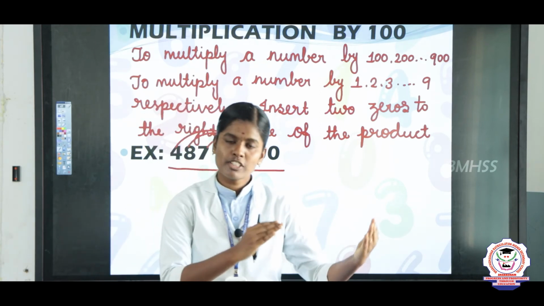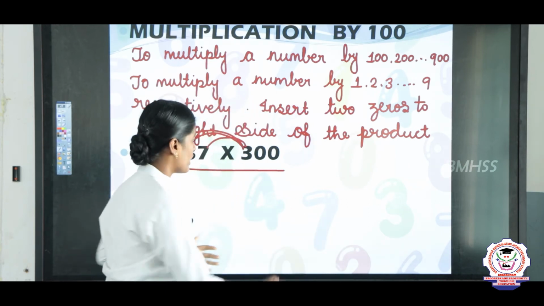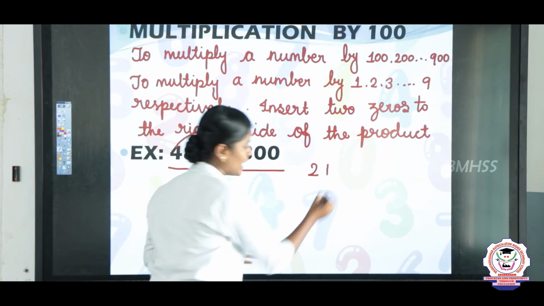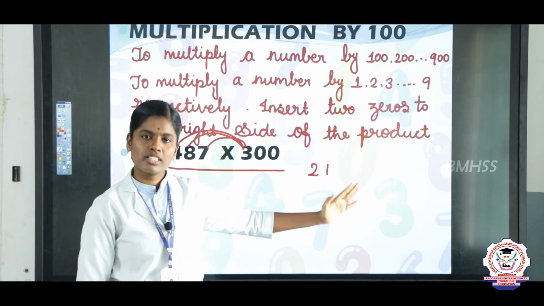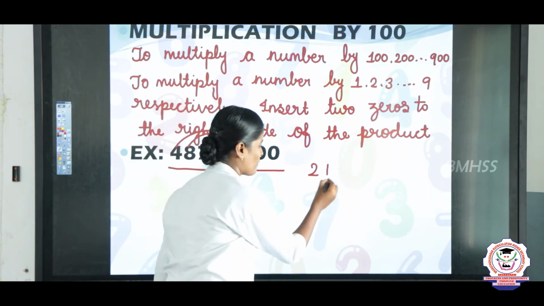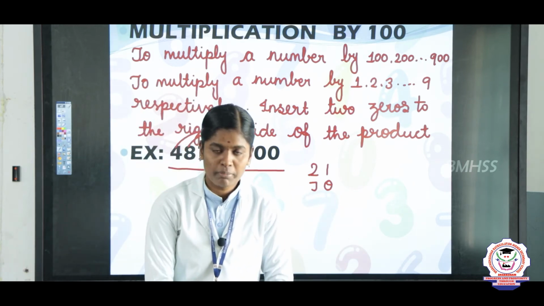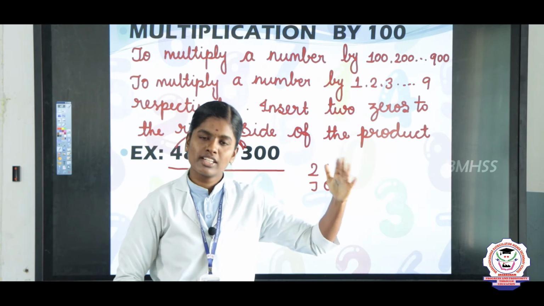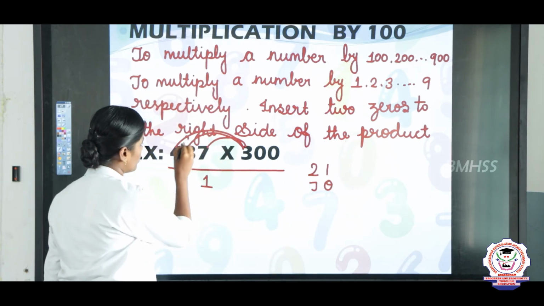Write here 21. Here you got a 2-digit number, right? That is ones and this is tens. Now we are going to write the ones value under the ones column and carry over the tens value to the tens column.